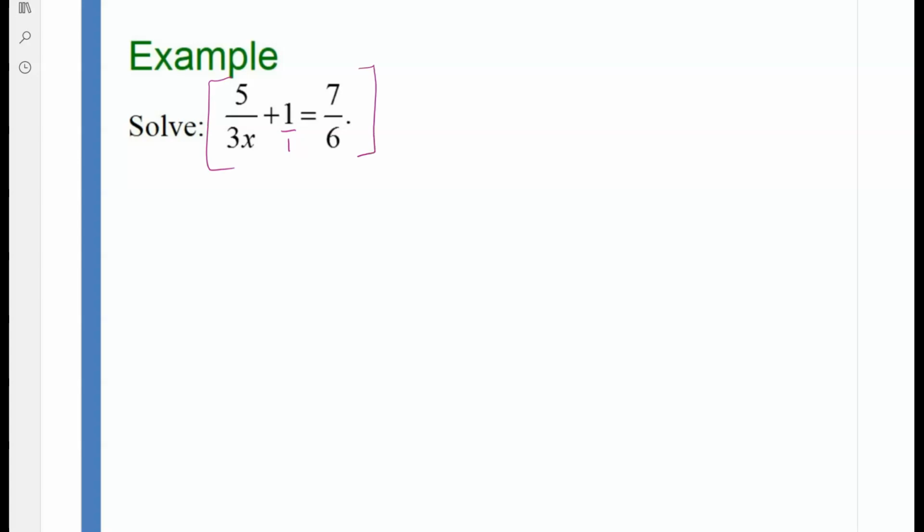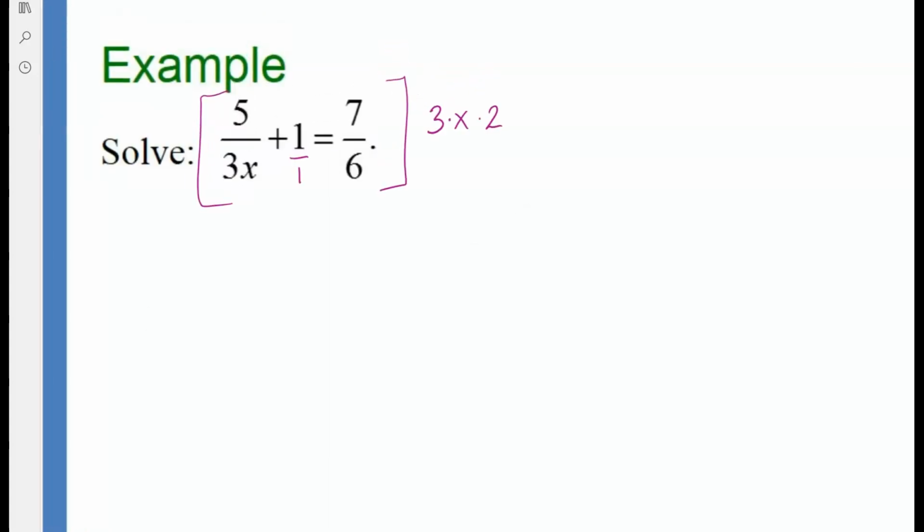And so we need a 3 and an x for sure. 1's always there, so we don't have to worry about the factor of 1. But then I need both the factors of 6, the 2 and the 3. I already have the 3. So I just need a 2. So I have 3 times x times 2. And you can call that 6x if you want. That's not a problem. Just trying to show you all the factors there.